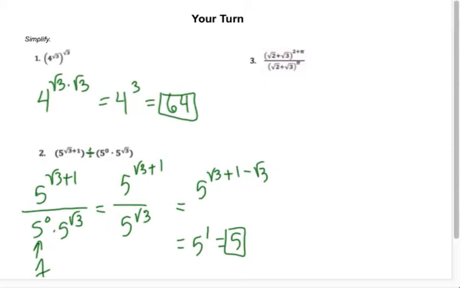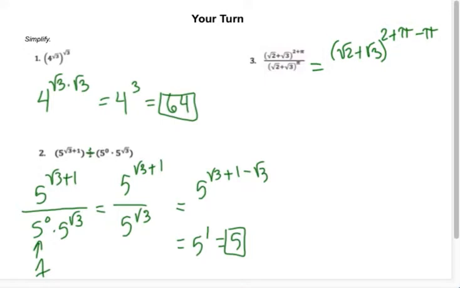All right, moving on. Number 3. Again, same base, you're dividing, so you subtract your exponents. So we get square root 2 plus square root 3 to the power of 2 plus pi minus pi.